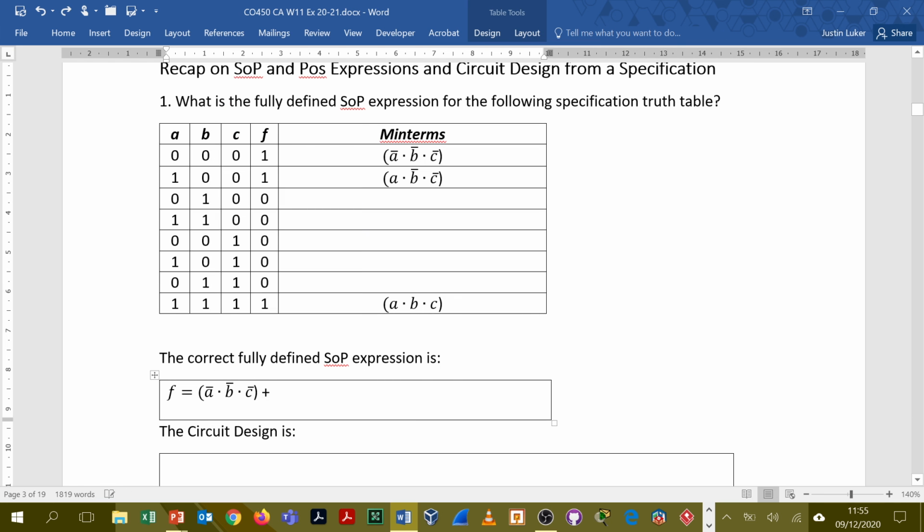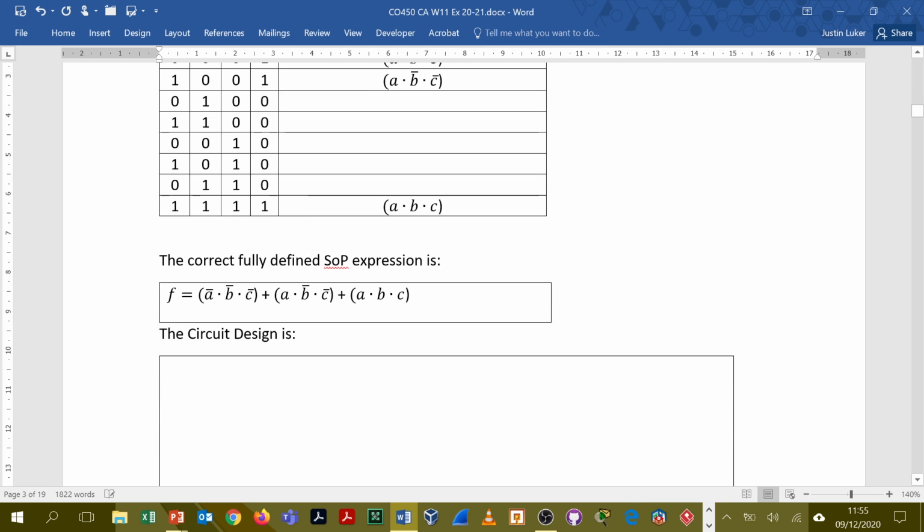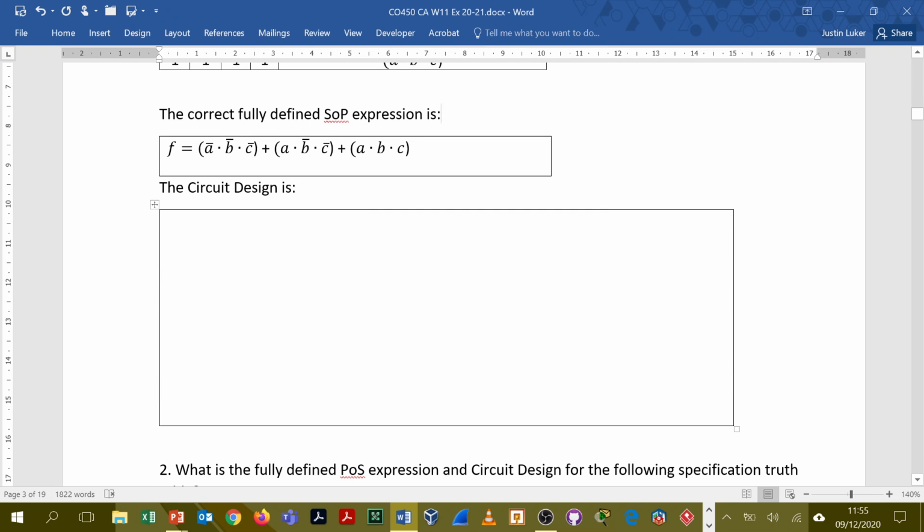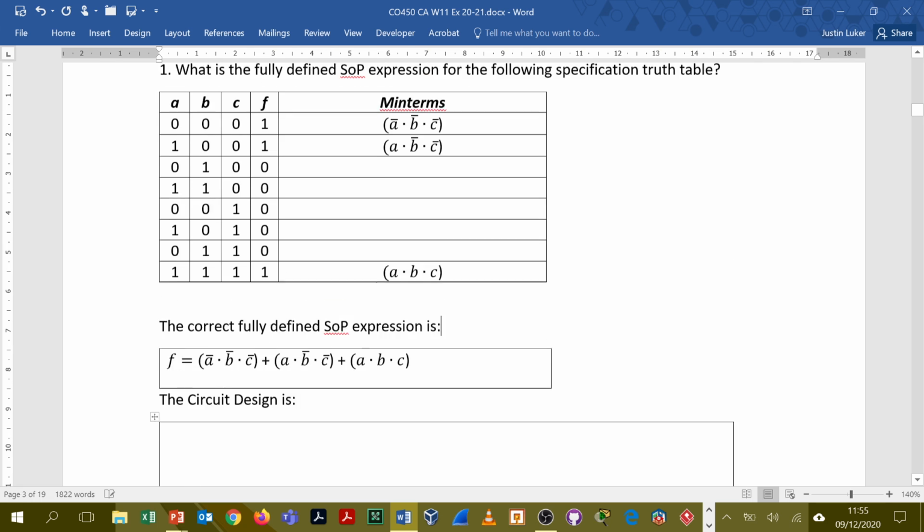There we go. So OR is the next level, and then we can bring the next one in, which is A and NOT B and NOT C. And finally, this is just A and B and C. There we go. So that's my full expression for this sum of products, my specification for my design.